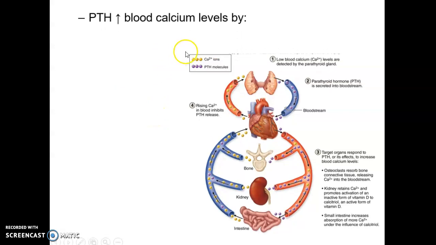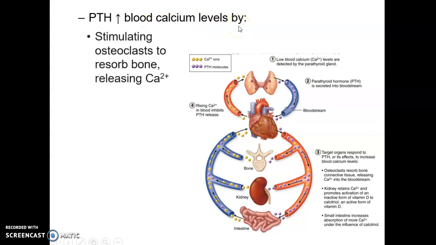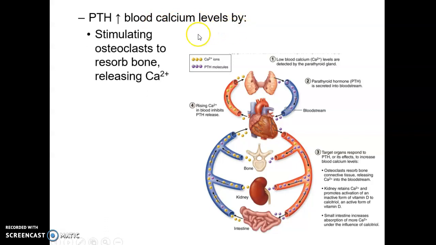Okay, so blood calcium levels drop below normal. Parathyroid hormone acts to increase blood calcium levels back up to normal homeostatic levels by a number of activities. One effect is stimulating the osteoclast cells to resorb bone, dissolve bone.